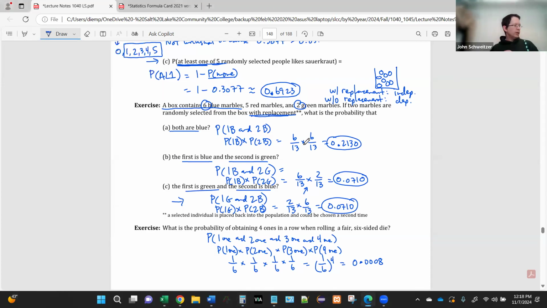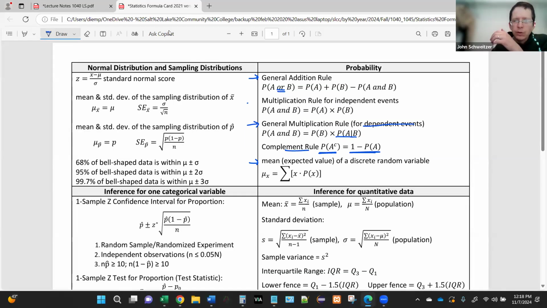So that's our addition rule, both the basic and the general addition rule. And now we've covered the multiplication rule in this simple case where you have independent events. Okay, so let's see, where are we at? We've done complement rule, we've done the general addition rule, and we've done the multiplication rule for independent events.